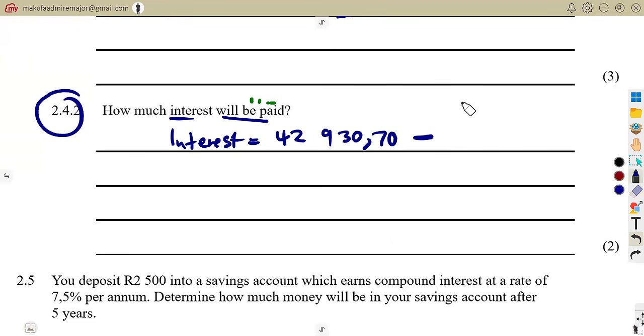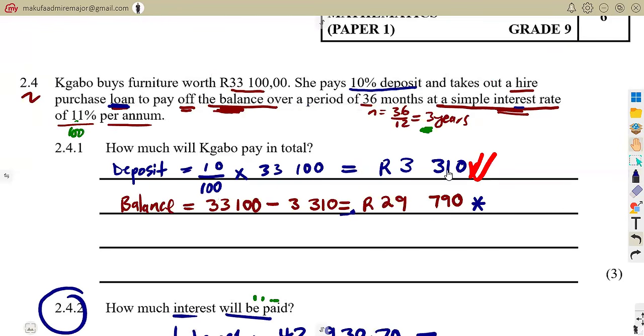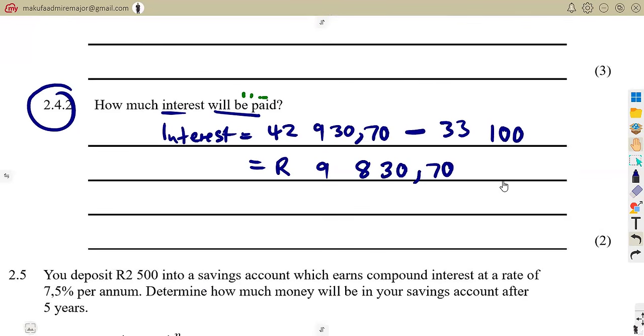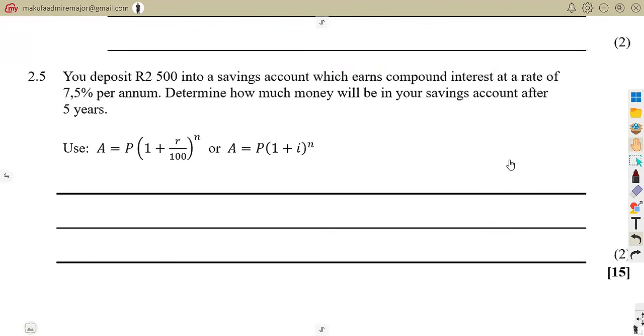The exact price, remember, was 33,100, the price of the furniture. So the difference, that is the interest to be paid, is 9,830.70. That is what he paid extra. Instead of paying the cash price, he had to pay this extra under the hire purchase agreement that was given there.